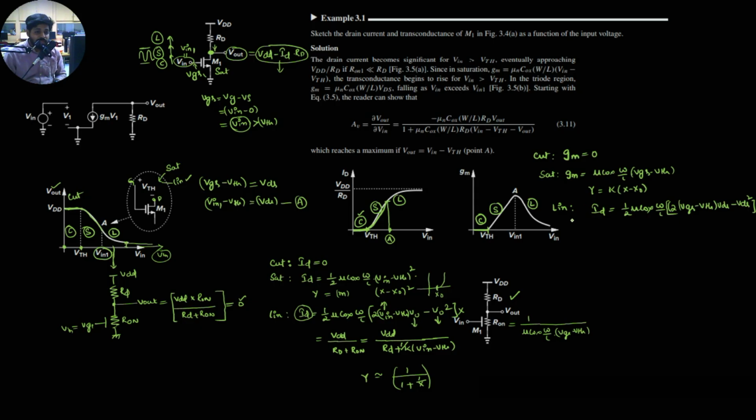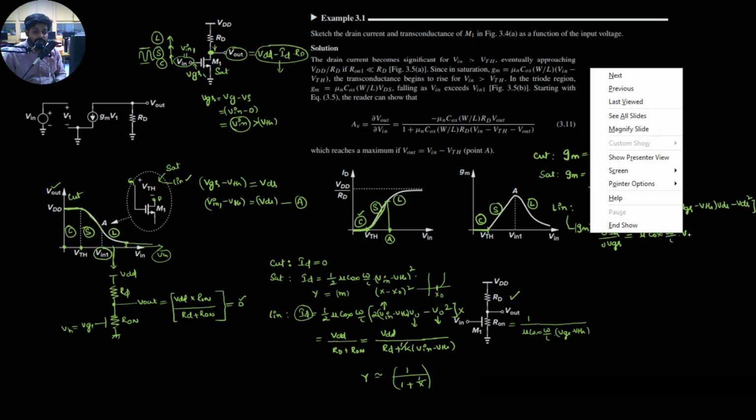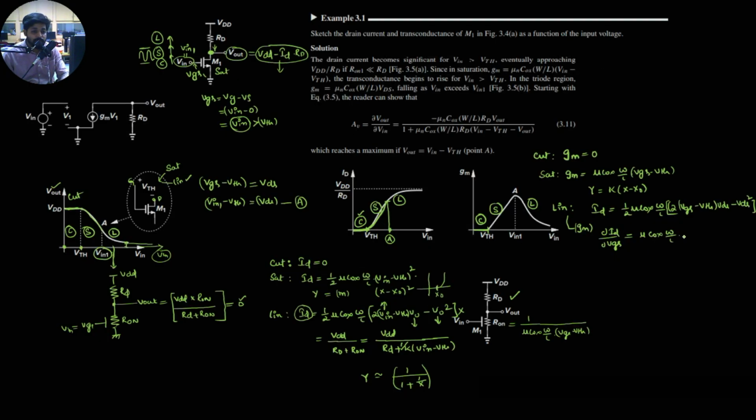GM is the derivative of ID with respect to VGS. So I get mu COX W by L times VDS.